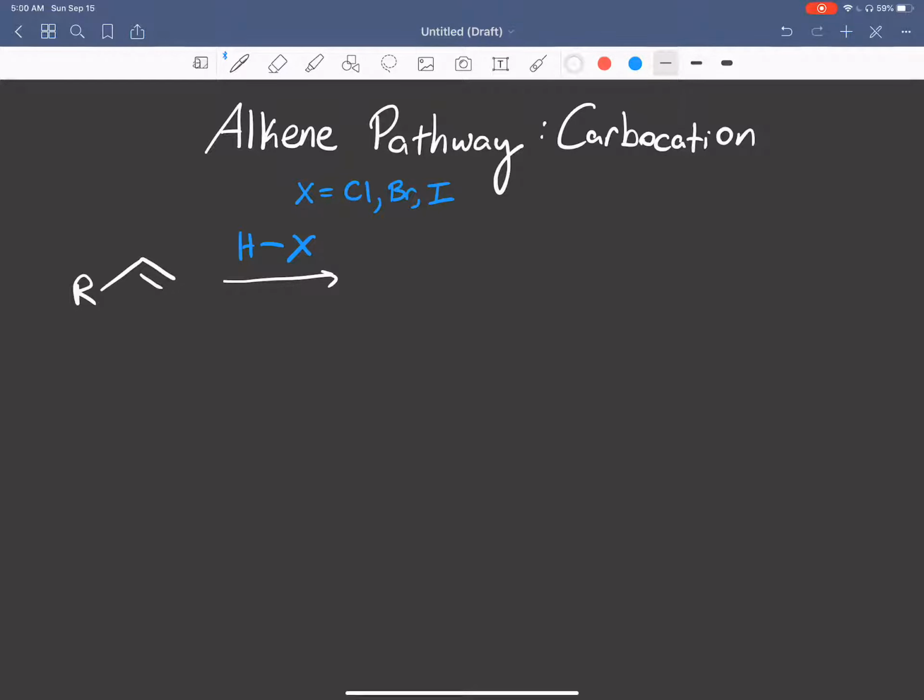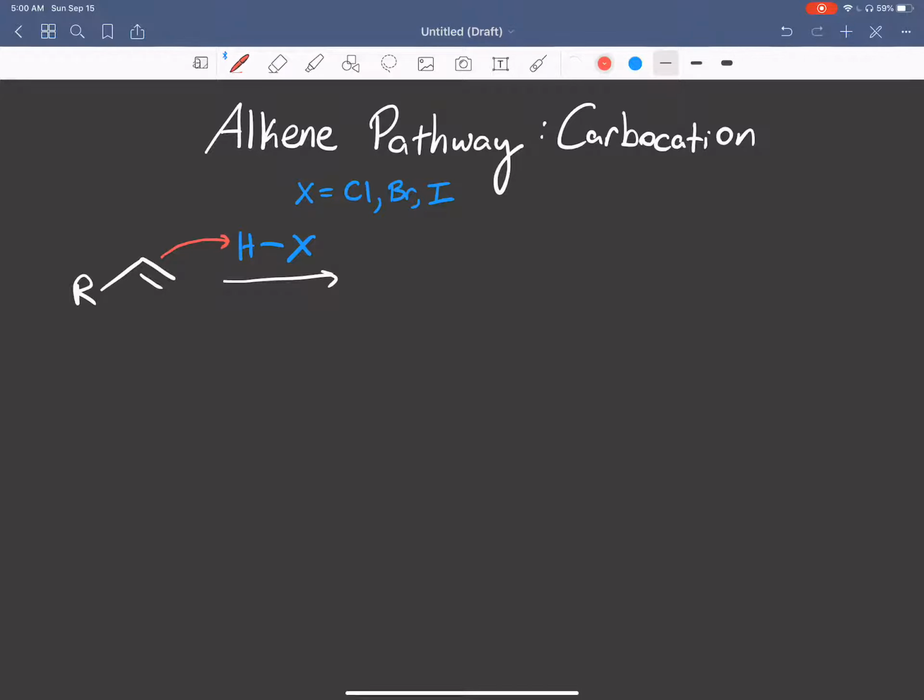A lot of people like to split these up into three reactions, one for each of the halogens I showed you. But the reaction works the same with all three, so why not just group them into one general reaction? It's much easier to show it this way. How exactly are our arrows going to look? If you watched the previous videos and saw the lecture, you know that the double bond is going to reach out and grab that hydrogen.